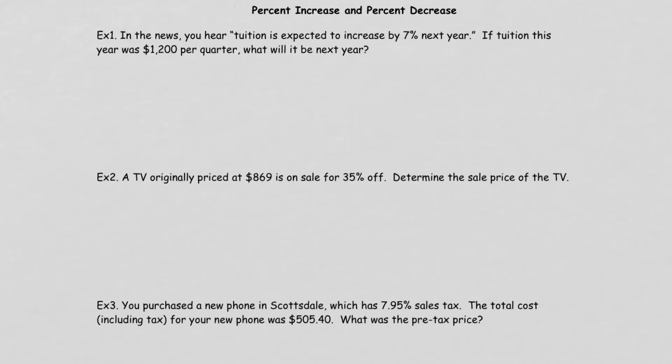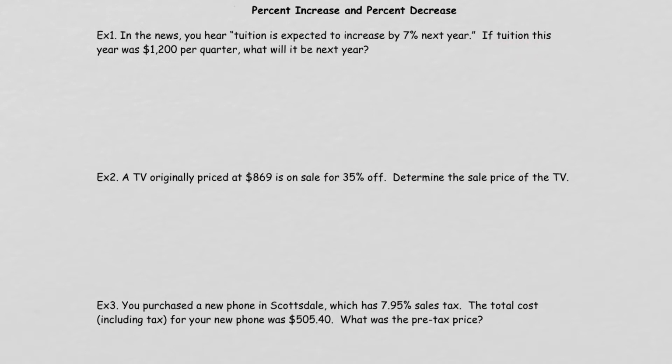Today's lesson, we're going to talk about percent increase and percent decrease. So if we're looking at example 1, it said on the news, tuition is expected to increase. Increase means that you're going to add, right? Increase by 7% next year.